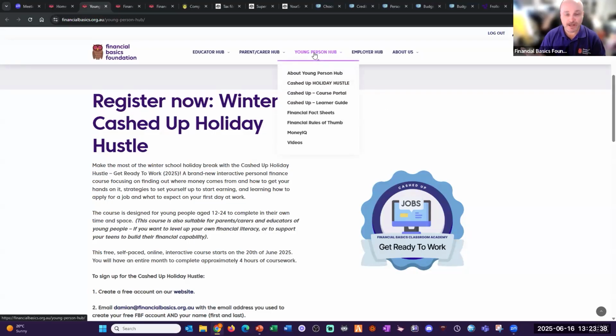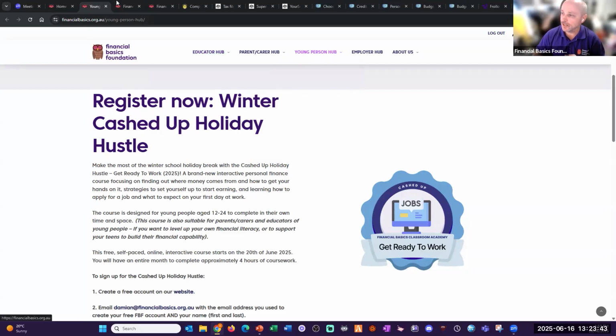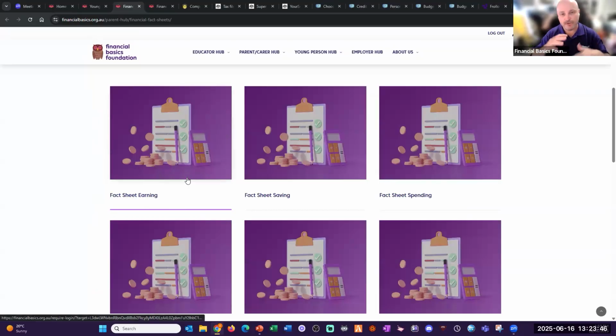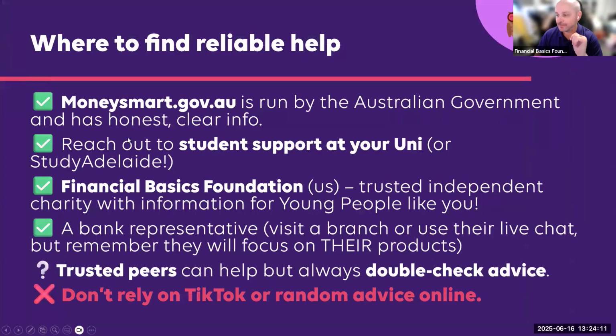You sign up and have free access to everything in that young person hub, including a whole heap of fact sheets and little rules of thumb and financial lessons designed to make this stuff really easily memorable, instead of having to go to your phone and scroll and Google through all these processes every time you want to make a decision or remember something. We try to keep it really straightforward and simple, with little messages that will jog your memory and make it easier to stick. So that's us, and you can find out more about us and how we do things on our website.